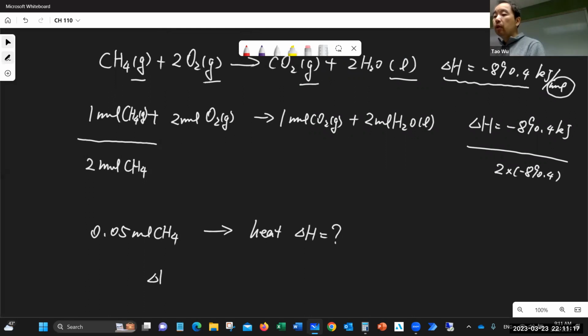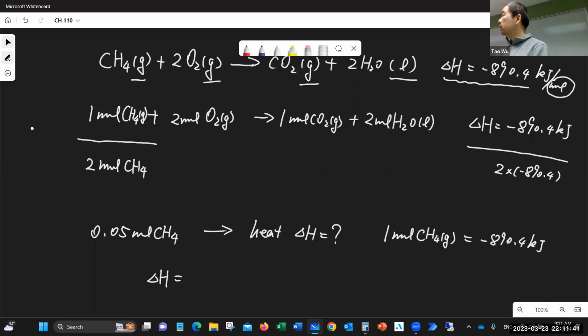The enthalpy change for this reaction is what we have in this equation. So your setup is 1 mole of methane gas equals negative 890.4 kilojoules.